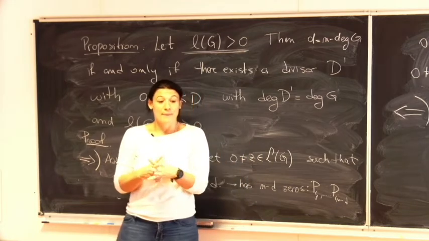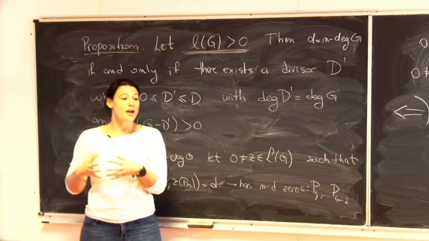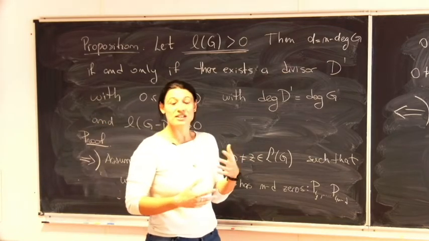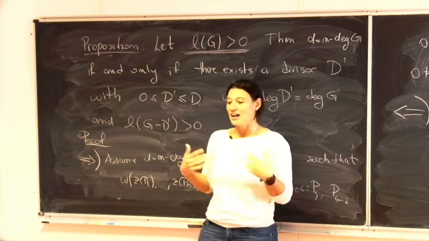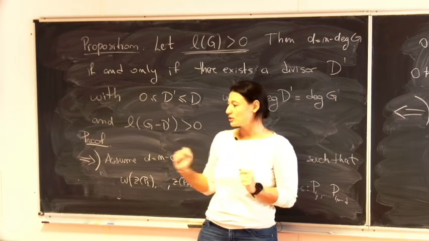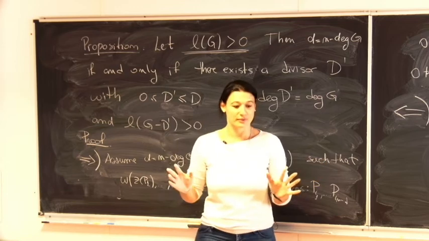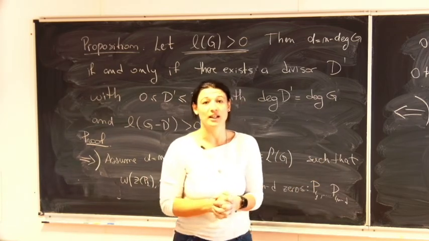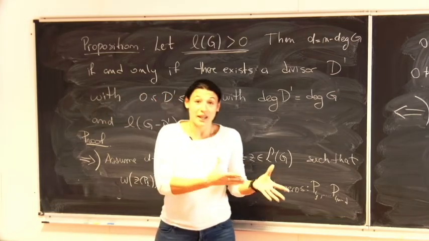So there are many cases in which bases are known, but many other cases in which we still need more work to do. We don't have an algorithm to say, you give me your divisor and I will give you the basis for all the cases. So that's an interesting problem that we can try to solve in some cases.